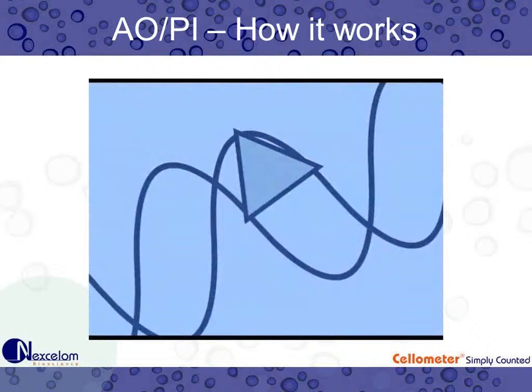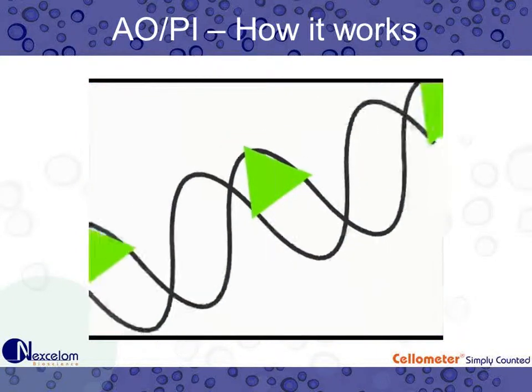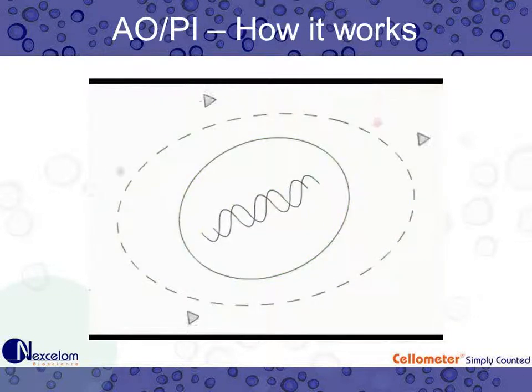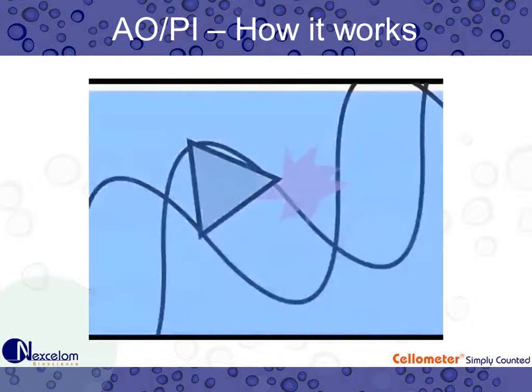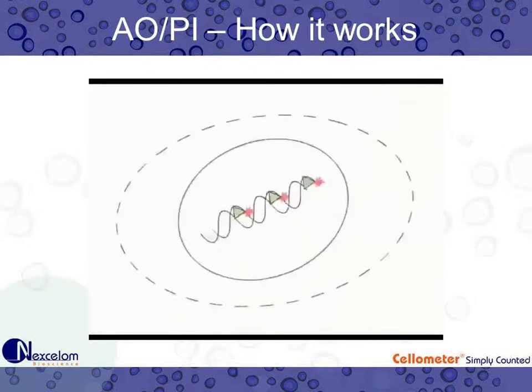Under blue excitation, strong green fluorescence is emitted and detected. PI is excluded from a live cell. Both AO and PI enter a dead cell through the damaged cell membrane and bind to its DNA. Under blue excitation, the green fluorescence by AO is absorbed by PI, producing an extremely weak green signal.